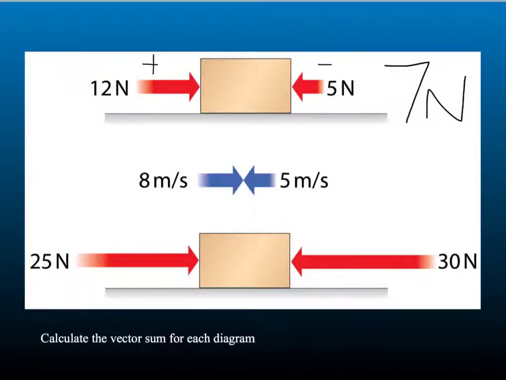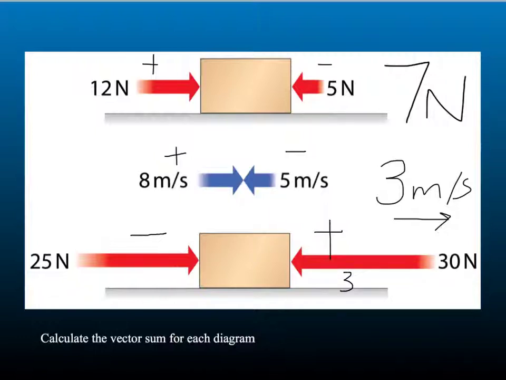For the second diagram, because this is a vector sum, we've got 8 meters per second in the positive direction and 5 meters per second in the negative direction, which gives us a vector sum of 3 meters per second in this direction. And our last diagram, if we've got 30 newtons that's pushing this way, we can take that as our positive direction, 25 pushing this way, and that could be our negative direction. Then if we do 30 minus 25, this equals 5 newtons in that direction.